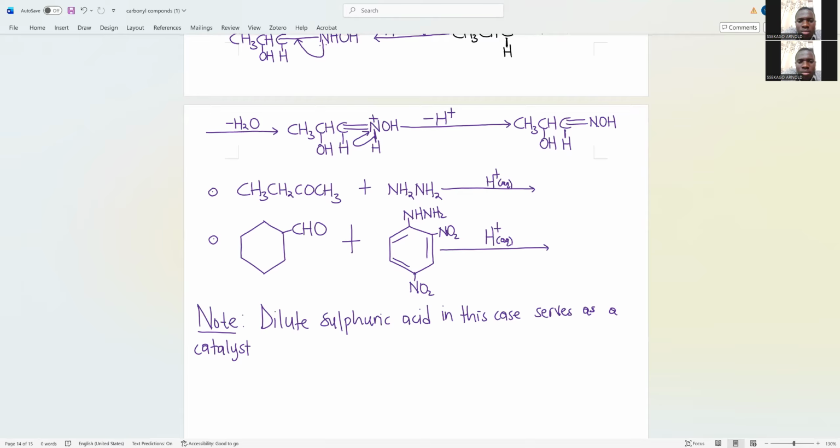Dilute sulfuric acid in this case serves as a catalyst, which protonates the carbonyl compound.